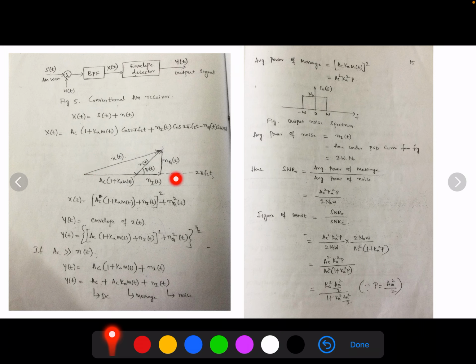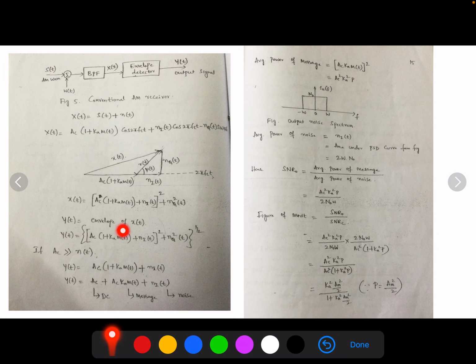In phase with cos 2 pi fct, you have Ac into 1 plus Ka m(t) and n_I(t). Sin 2 pi fct is taken perpendicular to cos 2 pi fct. So this is the resultant.